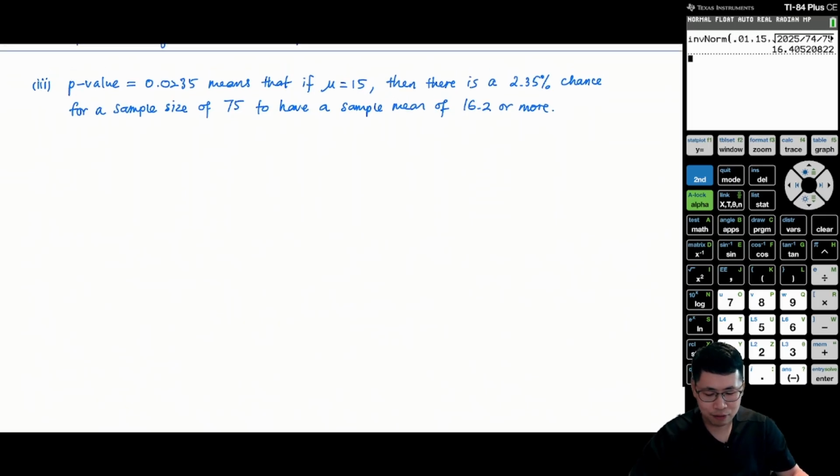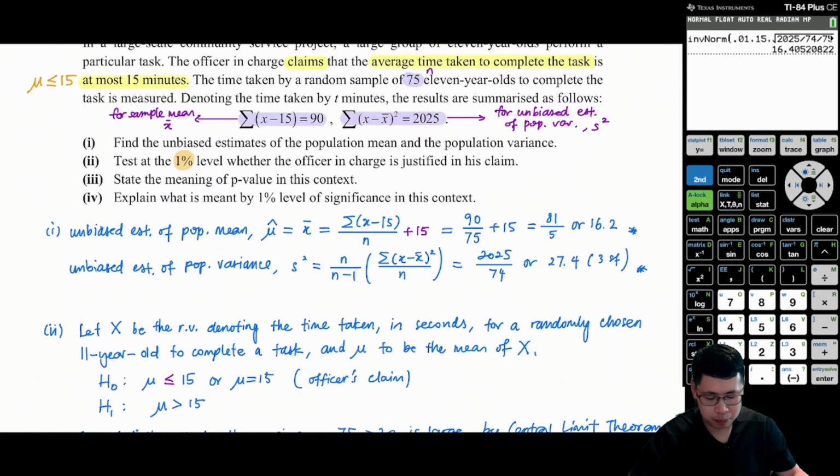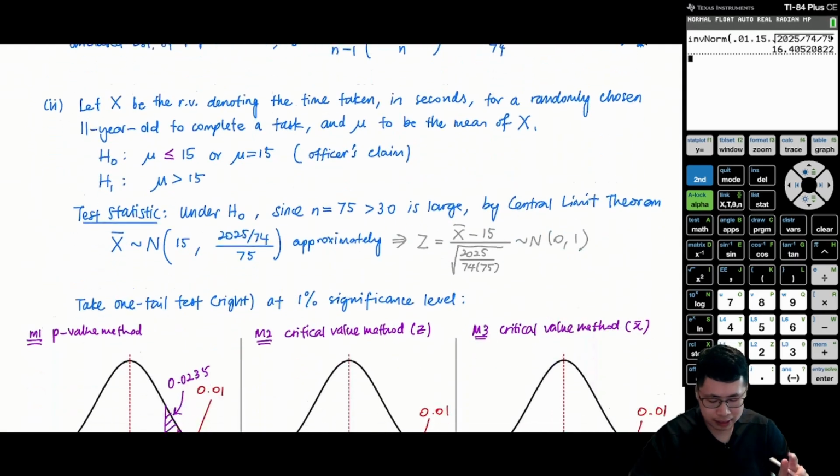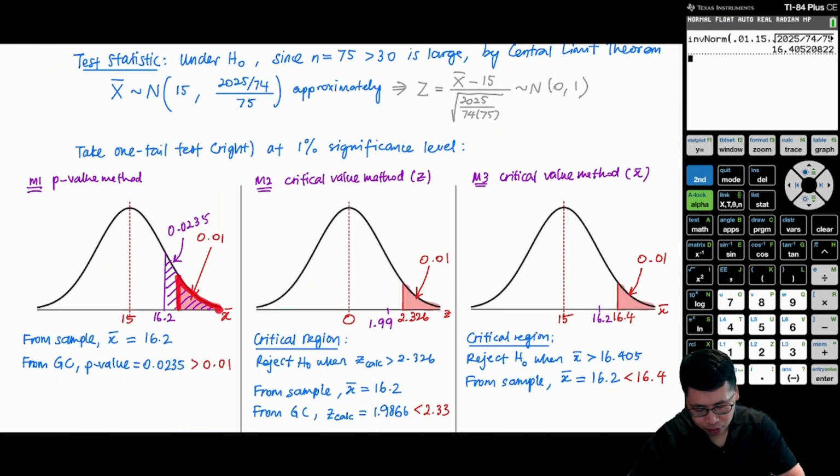Now for part 4, once again, explain what is meant by 1% level of significance in this context. So the 1% significance refers to this area over here, this 1%. This tells us that there's a 1% risk of rejecting the null hypothesis.